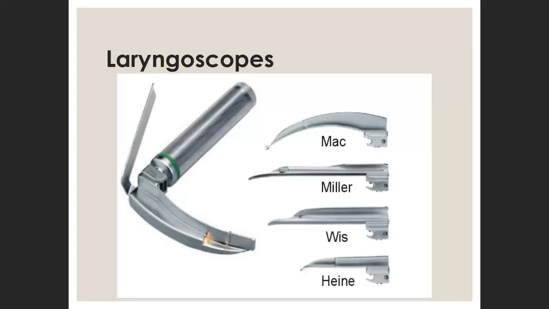The McCoy blade, this is the McCoy blade, right? Where there is an additional handle when that is clipped. The hinge is a hinge tip laryngoscope. They call it an articulated laryngoscope or a hinge tip laryngoscope.